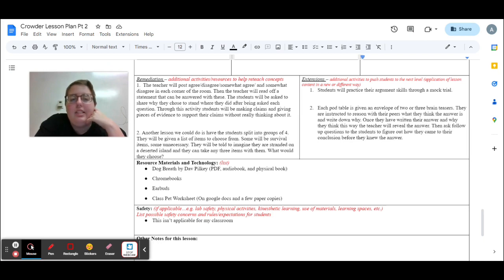But the reason I put this as an extension, not remediation, is because I think that it takes a lot more to answer brain teasers intellectually. Because you really have to synthesize the information being told to you, and you really have to use context clues.